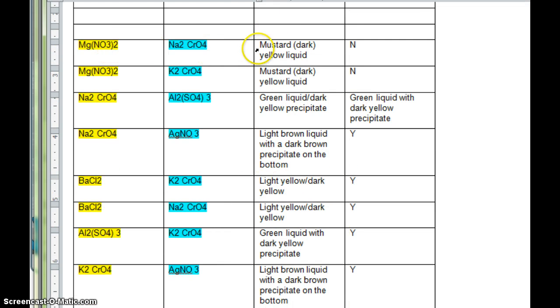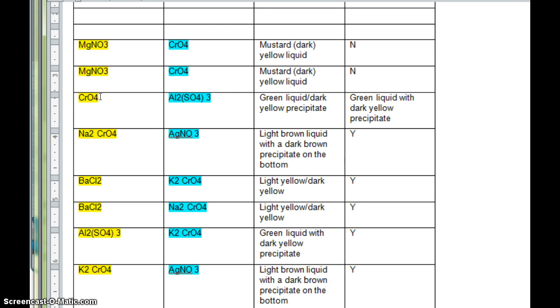All right, so we have the mustard yellow. So we have magnesium with nitrate. I'm going to get rid of all the extra stuff. And all right, we got magnesium with nitrate, same. And we have sodium. Does this one have sodium? Nope, it has potassium. All right, so our answer for what's causing the yellow has to be one of these. Let's look at the next one. Sodium. Is sodium up here in our choices? Nope.